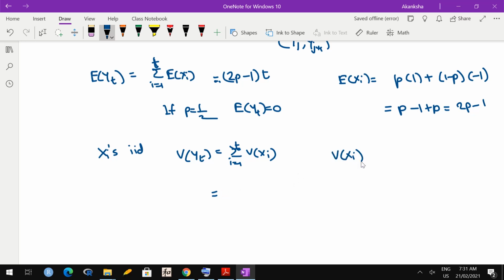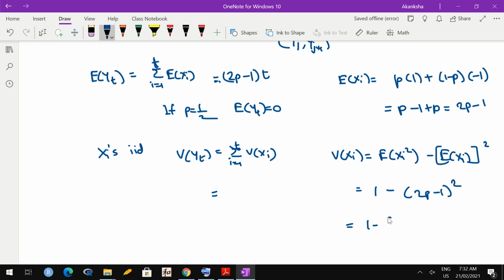The variance of Xi we know is expected Xi square minus expected Xi whole square. Now we also know the expectation of Xi square. Xi square is going to be either plus 1 or plus 1, basically both values of Xi are 1 in magnitude. So Xi square is always going to be plus 1, and hence the expectation of Xi square is just 1, minus the mean, which is (2p minus 1) whole square.